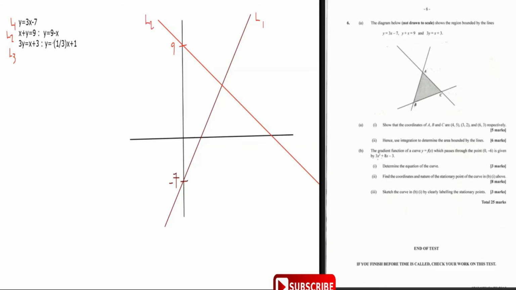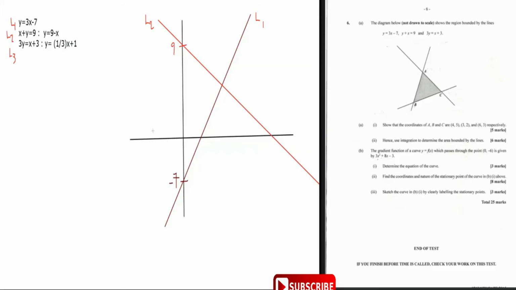L3 is 1/3 x plus 1. So it cuts the y-axis at +1, and it has a gradient of 1/3.